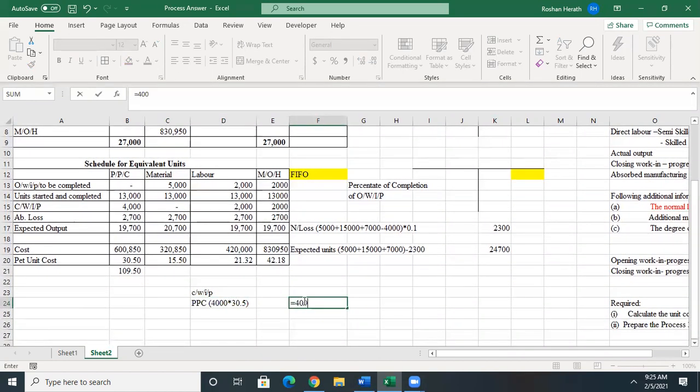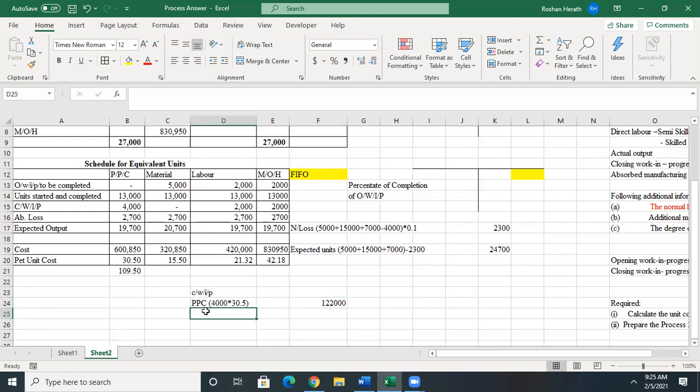Get the value of 4,000 units at 30.5, right? Okay, good. Then you have the material. With respect to the material, how many units?